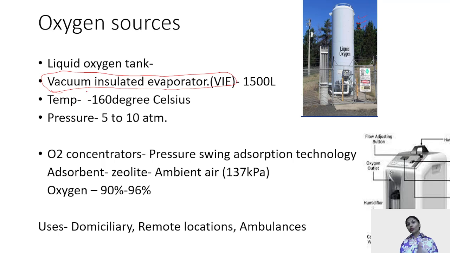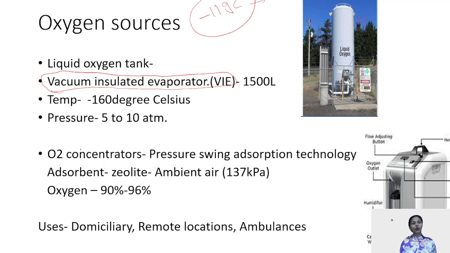The critical temperature of oxygen is minus 119 degrees Celsius, so at minus 160 degrees Celsius you can liquefy oxygen. The pressure at which it delivers oxygen is 5 to 10 atmospheres.